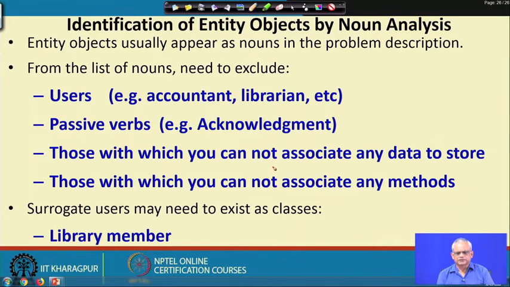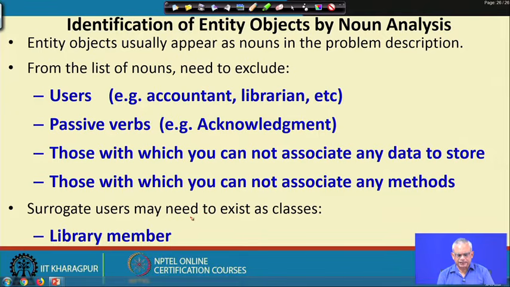during the noun analysis. But one thing we must mention, that some of the users can be actually entity classes. This occurs when we have to remember some aspects of the users.